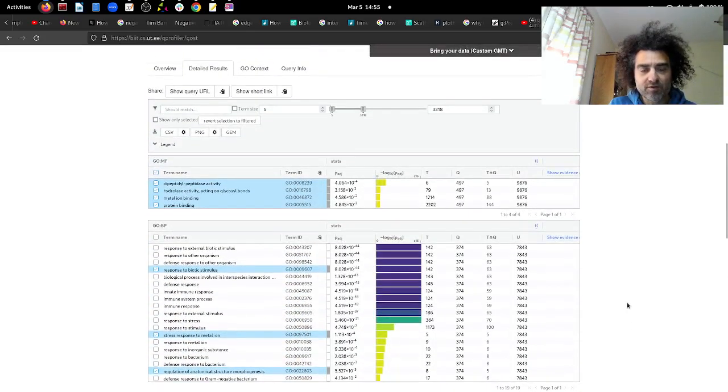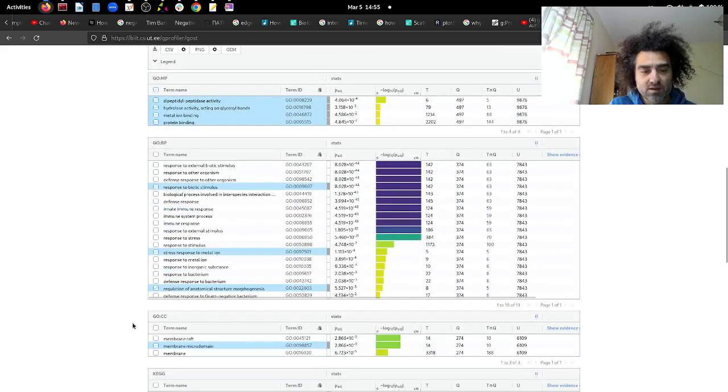In this way, we find out that the list of genes that we used are related to genes that have something to do with the response to biotic stimulus, response to metal ion, immune response, immune system process, response to external stimulus, response to stress, and so on.